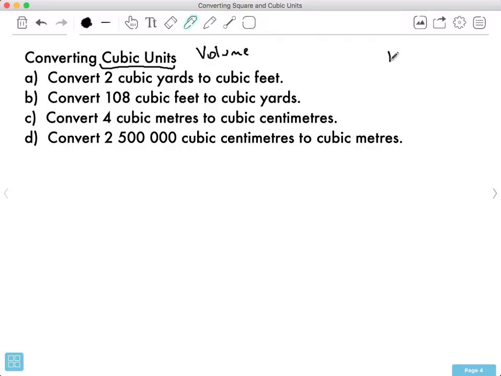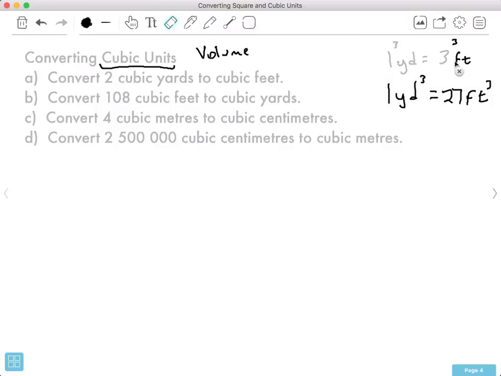So again, I would start with my normal linear conversion factor: 1 yard is 3 feet. But if I'm talking cubic units, I want to cube both sides of this statement. 1 cubed is still just 1, so 1 yard cubed is equal to 3 cubed, which is 27. So 1 cubic yard is equal to 27 cubic feet if we're talking about volume.